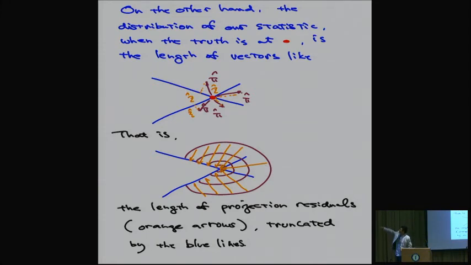And so whatever pi hat you get, the orange arrows are the orthogonal projection, and you calculate the length of it. And so the distribution of that length is the critical value distribution, ideally.